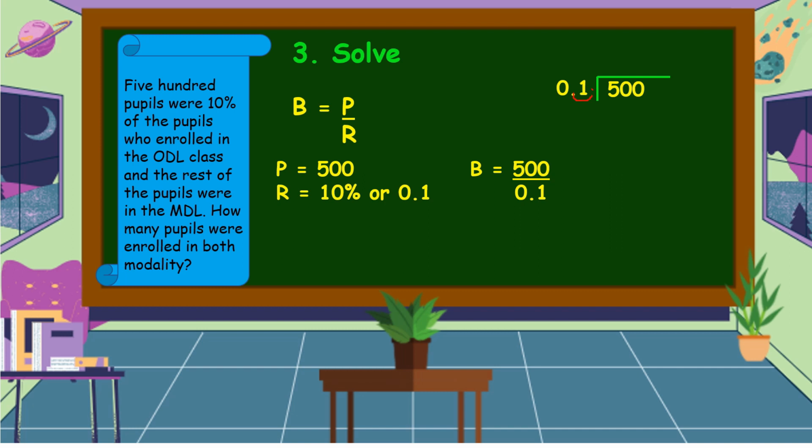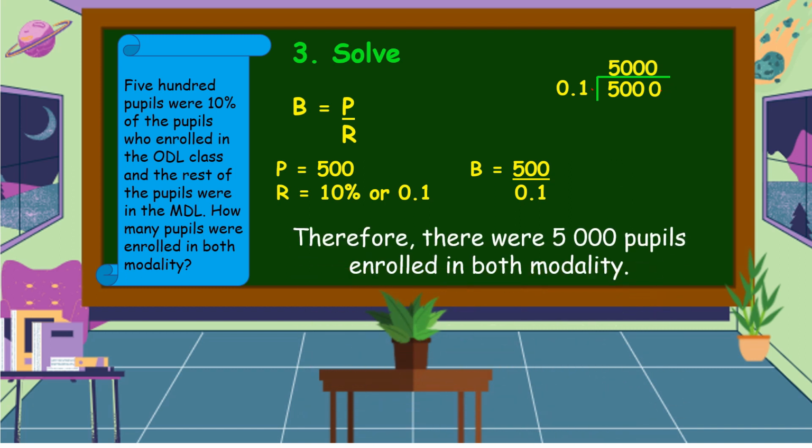Tapos, pag nag-move tayo ng isang decimal place sa ating divisor, mag-move din tayo ng isang decimal place sa ating dividend. Pag whole number ang ating dividend, we're going to add 0. So, we're going to divide 5,000 divided by 1, the answer is equal to 5,000.